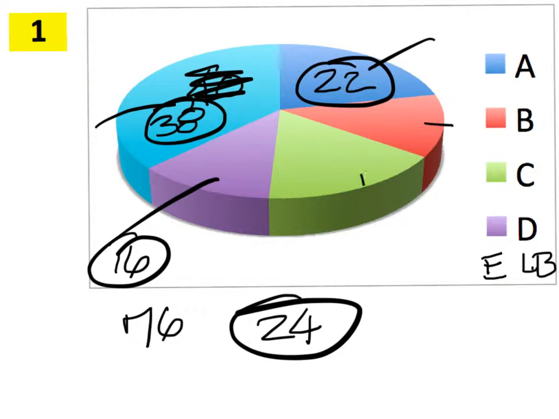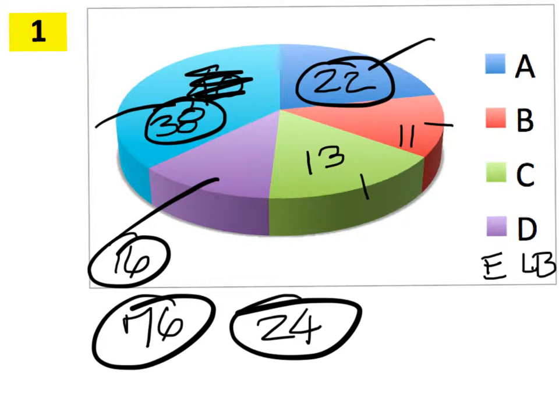These two look close. Maybe this one is a 13, maybe that one is an 11. So if that were the case, then we have to find the average. We would have to add them all up. Well, we know we had 76.